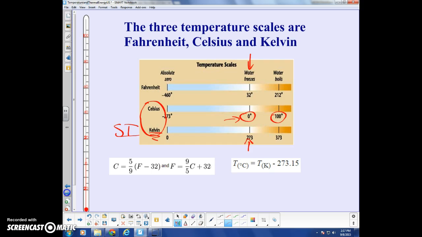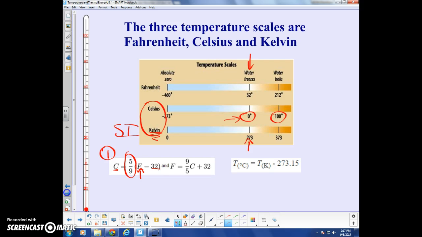If you are going to convert between Celsius, Fahrenheit, and Kelvin, I've got some of the formulas on the board. Number 1 here is if you would like to convert from Fahrenheit to Celsius. You would take the temperature in degrees Fahrenheit, subtract 32 degrees, and then multiply all of that by 5/9, and you would get degrees Celsius.